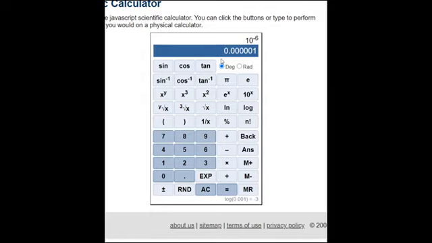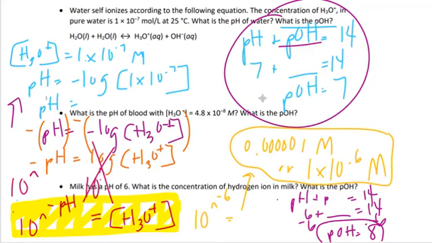And notice that it gives me my answer, 0.000001. And that's my concentration. 0.000001 molarity, or we could say 1 times 10 to the negative 6. All right, so I wrote this down.